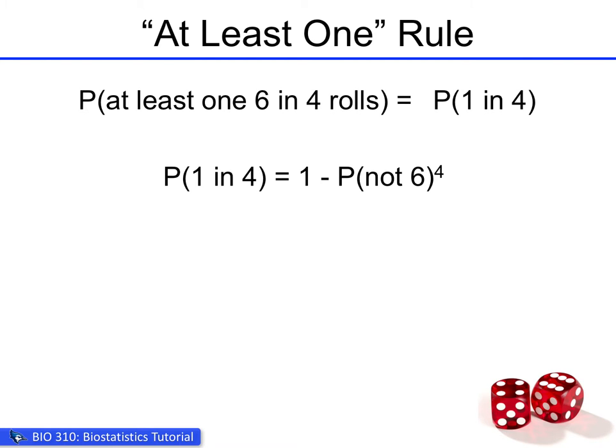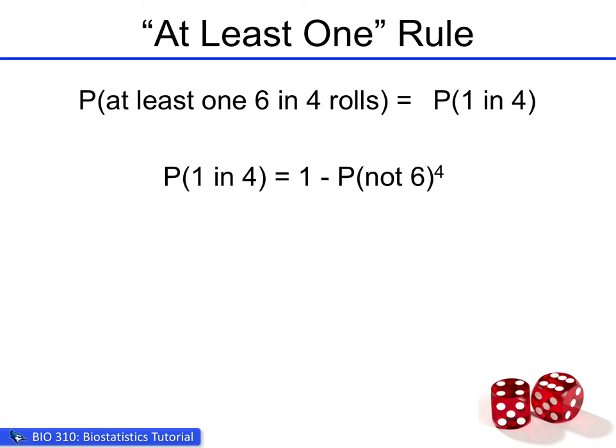We can write it like this: P, 1, and 4 is going to be equal to 1 minus the probability of not rolling a 6 in 4 rolls. So we want the probability of rolling at least one 6 in 4 rolls. In order to get that, it's going to be 1 minus the probability of not getting a 6 in 4 rolls.